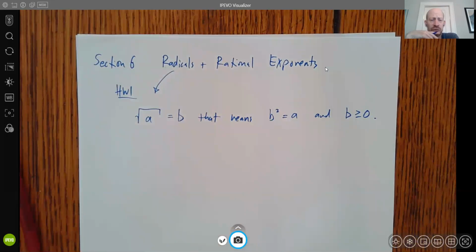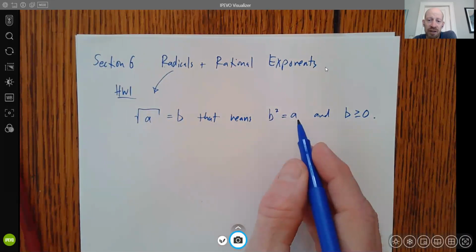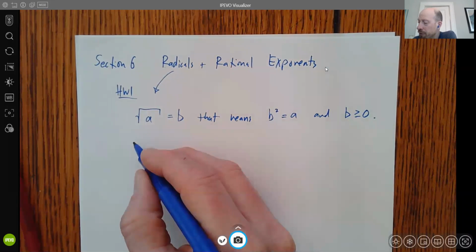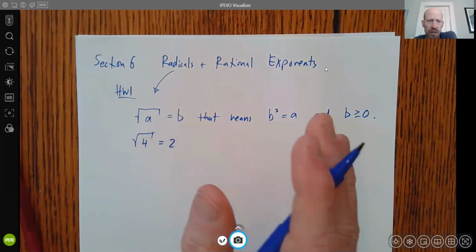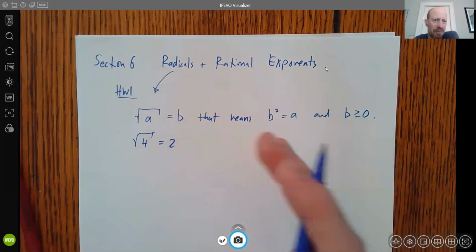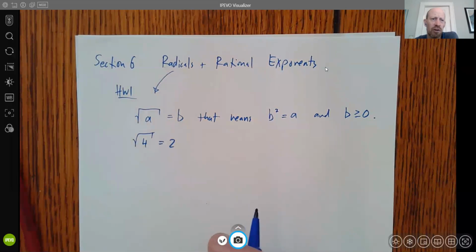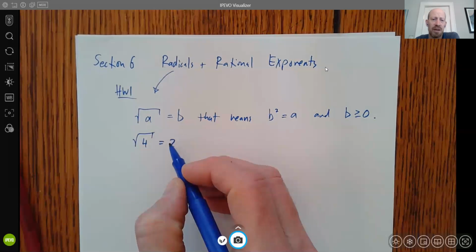So when we write down the square root like that, we're only referring to the positive square root. There are two numbers that when you square them you get 4, but when we write down the square root of 4, that's just 2. We don't want a square root to have two different outputs. That would make it not a function. It would make it hard to work with. And so we define the square root to be the positive one.